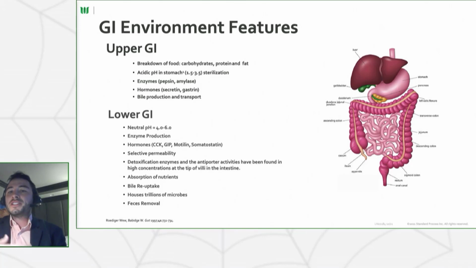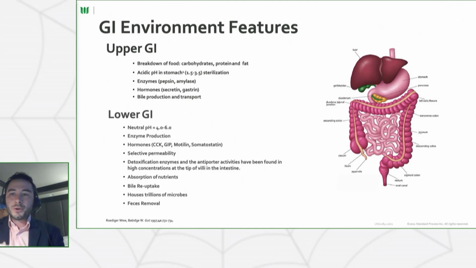The GI environment consists of upper and lower sections. They have relatively different profiles. There's a very acidic environment in the upper GI, but also the production of a lot of key components like bile, produced in the liver and stored in the gallbladder. And then in the lower GI, this is where all the absorption happens, in the small intestine and the large intestine.